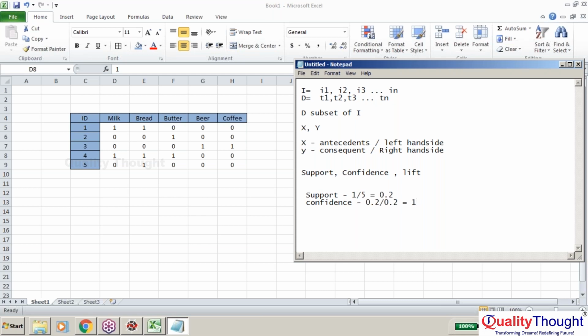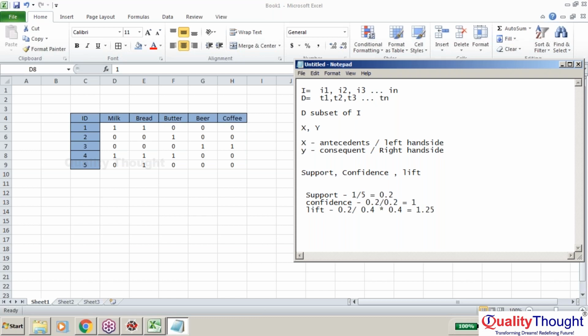In the same way, we have one more thing called lift. So for milk and bread, whoever is buying milk and bread is buying butter. If we think about this particular concept, you could observe that this example will have a lift of 0.2 divided by 0.4 times 0.4, which is 1.25.